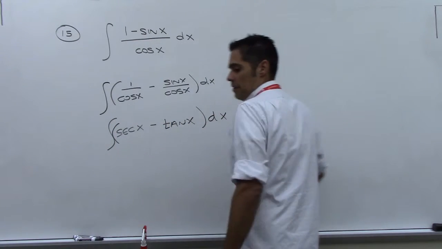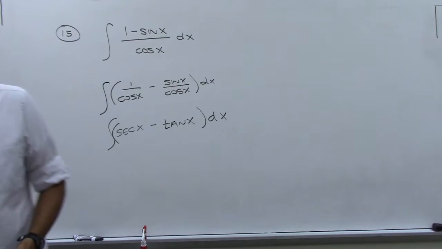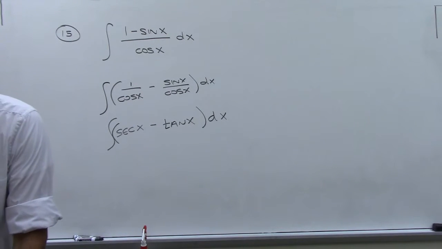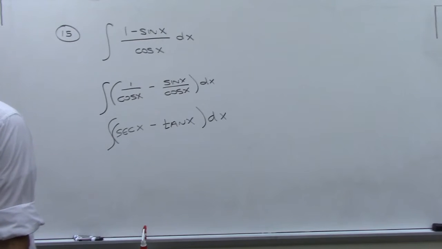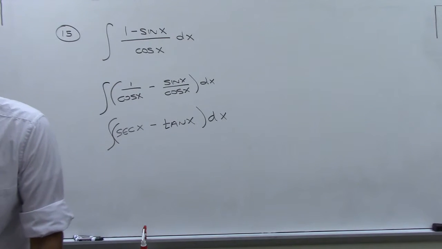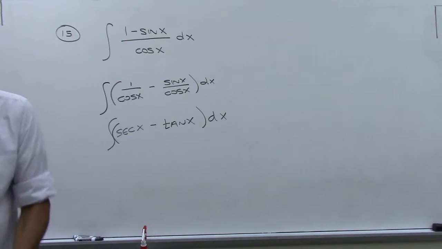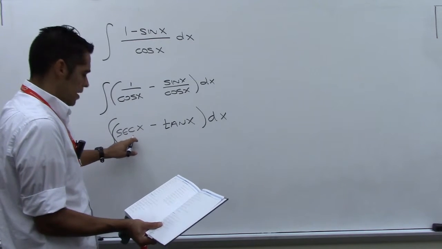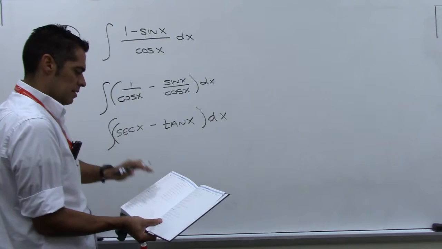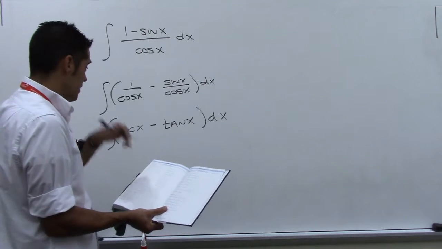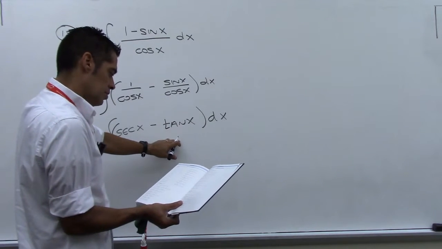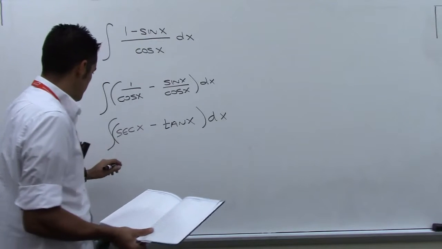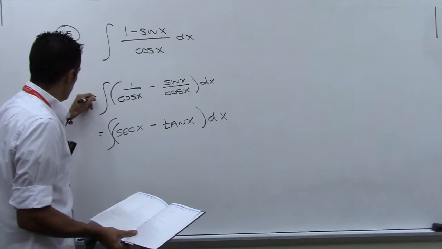And then, remembering that our formula sheet does actually have the antiderivatives for all of the trig functions that are just by themselves. So like the antiderivative of secant is number 14 on the formula sheet, and the antiderivative of tangent is number 12. So I can go straight to a formula here. These are all equal.